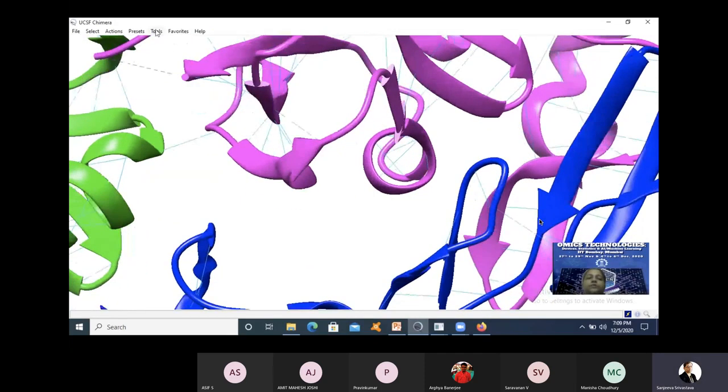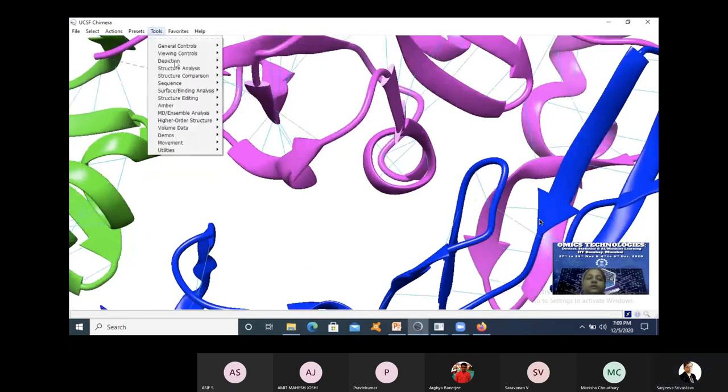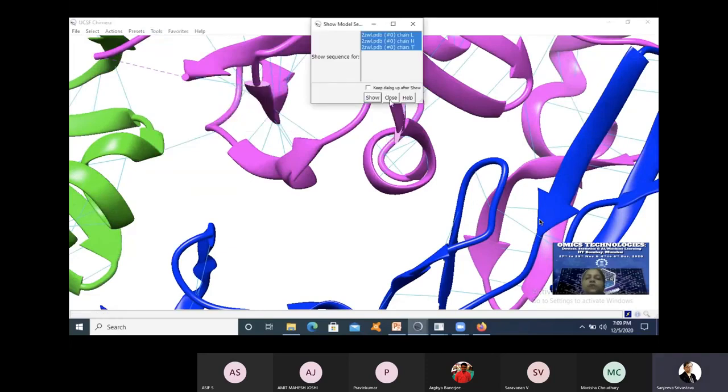I will just go to tools and ask for the sequence. Because there are three chains, it is showing chain L, light chain, heavy chain, and tissue factor. First I will go to the heavy chain.